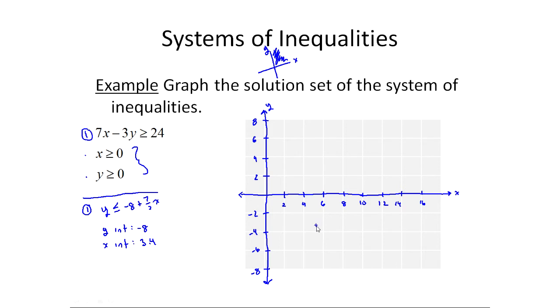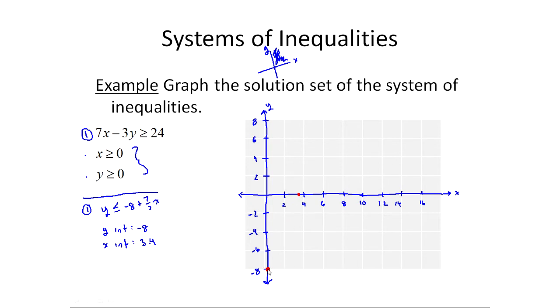Okay, so finally now I can actually graph my inequality. And so what I'll do is graph the line first. And again, it's included because I have that equal sign in there. So I've got to go from negative 8, so I'll put that down here, up to 3.4. So this is going to be a really steep line. So 3.4 is maybe about right here. So a good approximation.